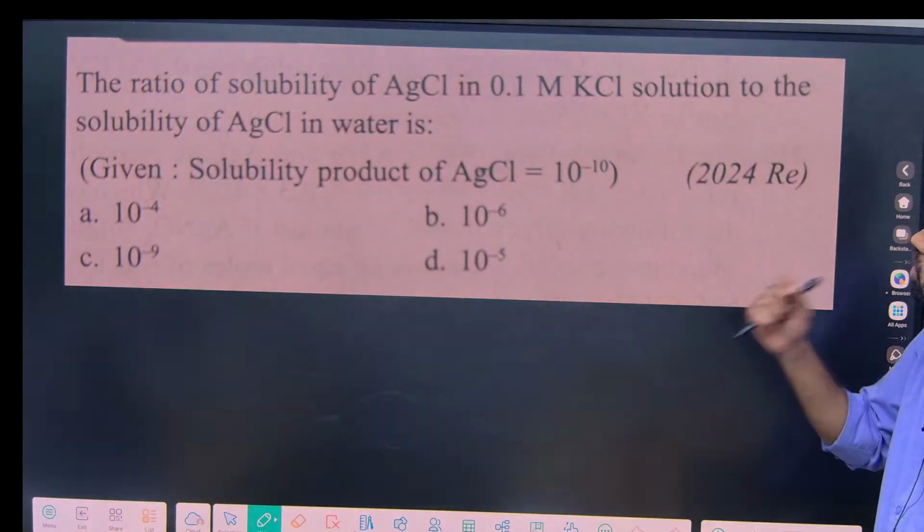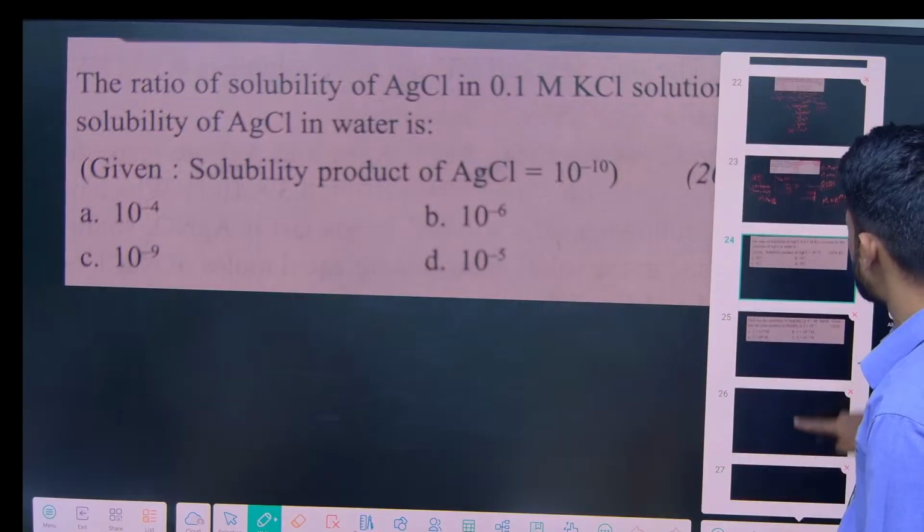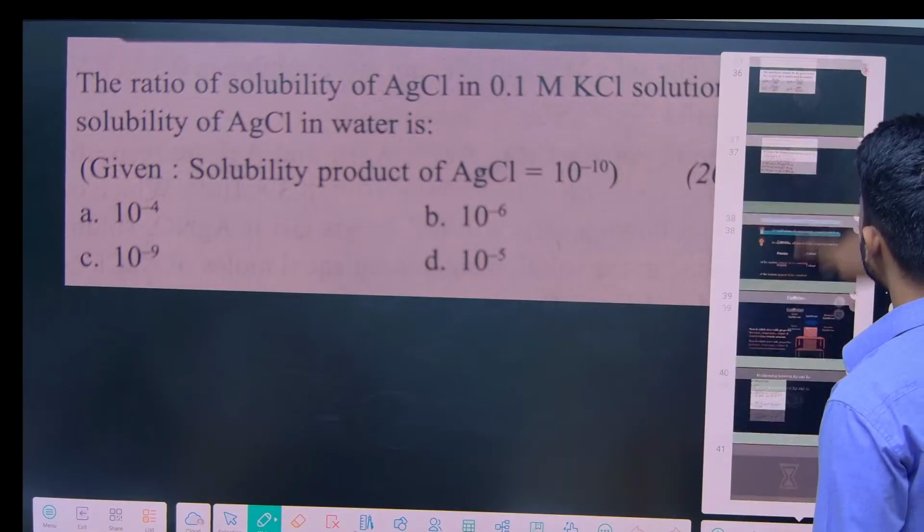Yeah, try this question now. This is a solubility based question; we'll again come back to solubilities. Let me show you a few more questions related to buffer.